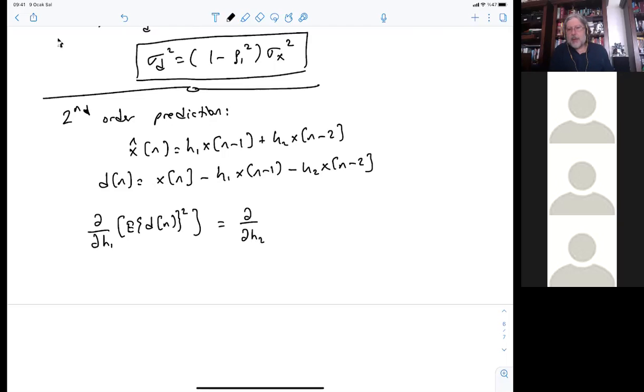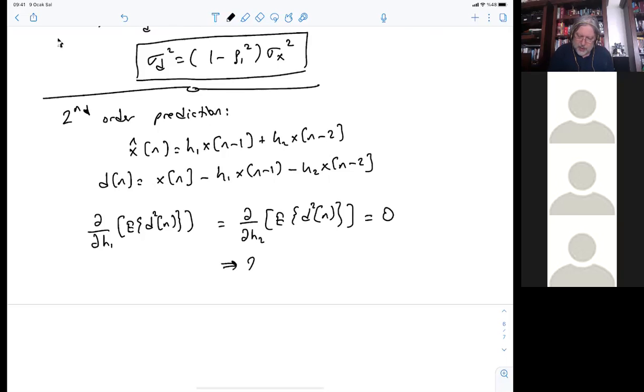So we will come up with two equations here, and both of them must be equal to 0. That's why I'm using partial derivatives. By the way, the square term position seems wrong. It must be like this, d square. Yeah, more like it. And the derivatives of these with respect to h1 and h2 must all be equal to 0. So we have two equations.